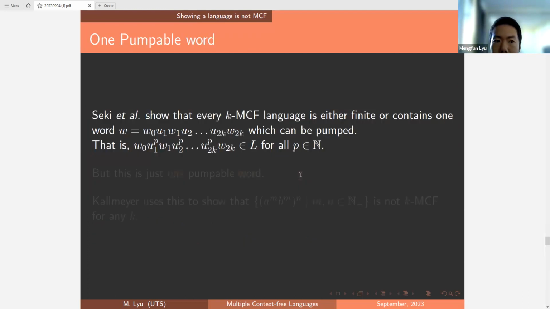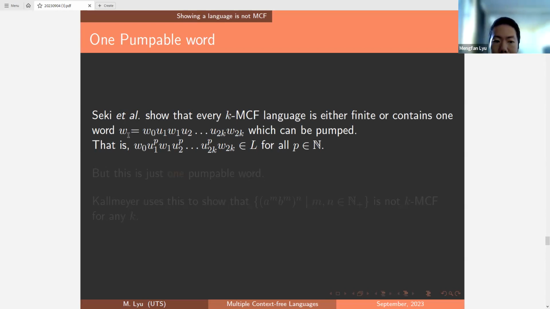The first one is to pump the language with one word. Sakii has shown that for any k-multiple context-free language, we cannot pump every word, but we can at least choose one word.